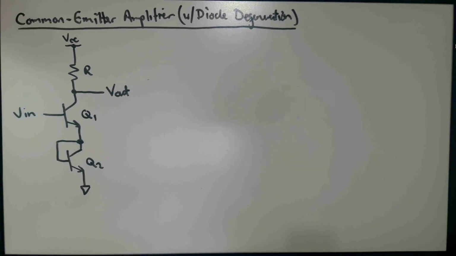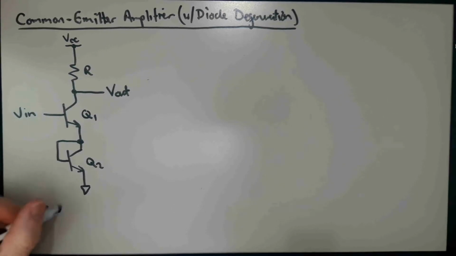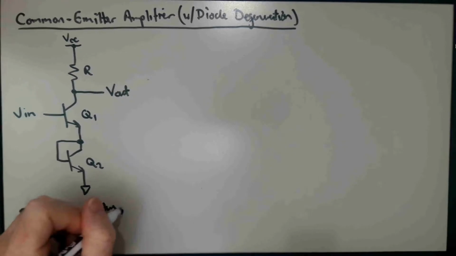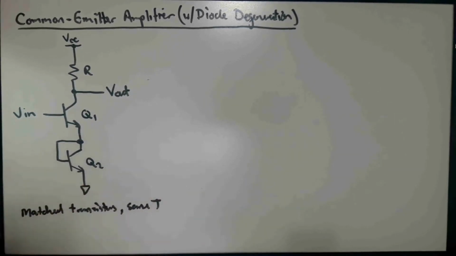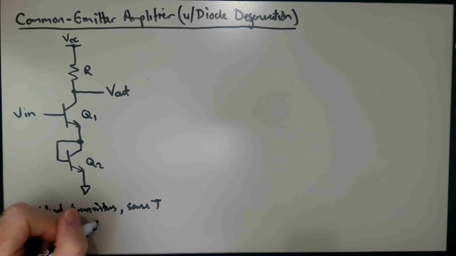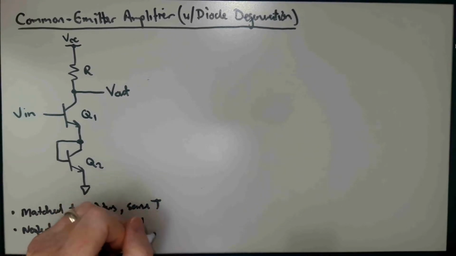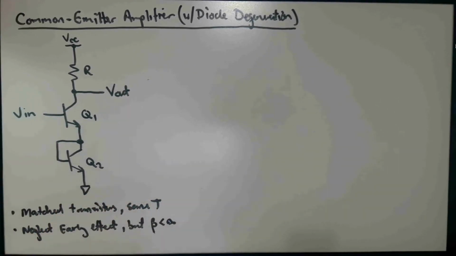So assumptions: matched transistors, same temp, and we're going to neglect the early effect, but beta is finite. Okay, so these are our assumptions.